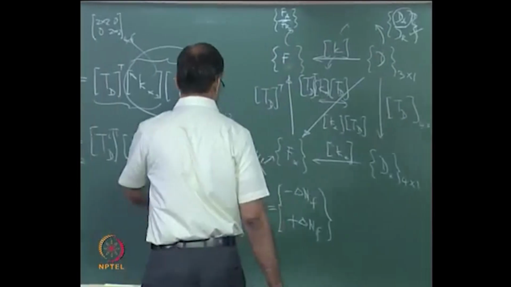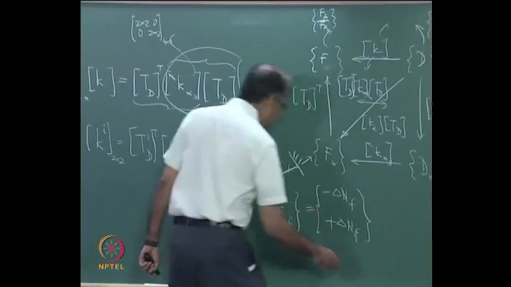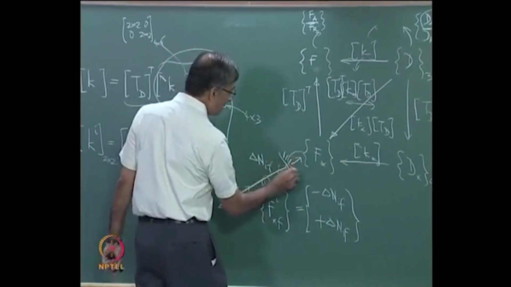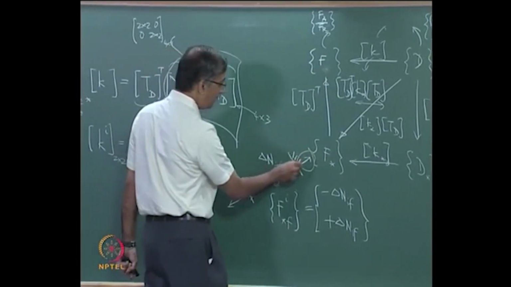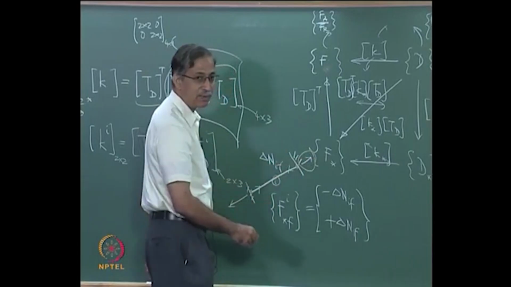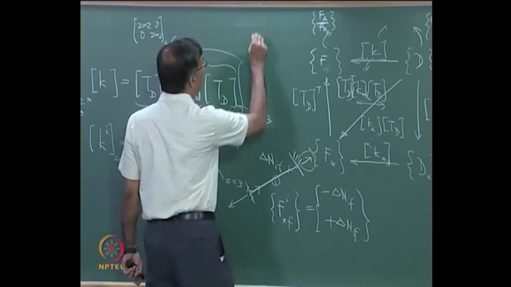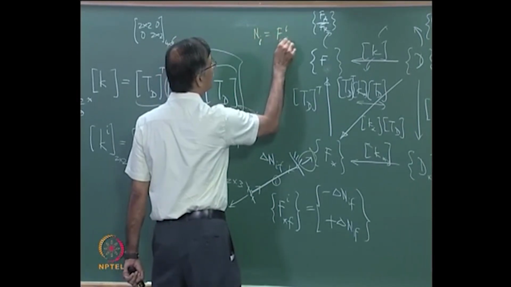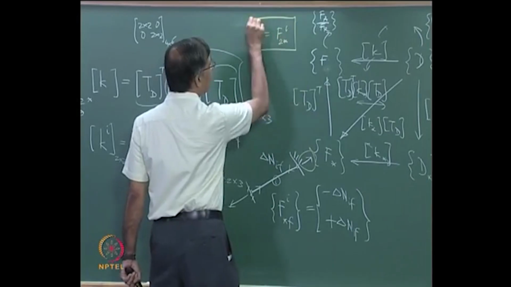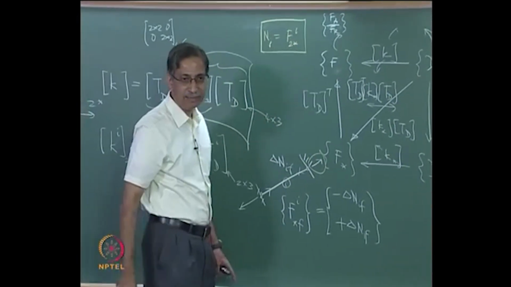When you see an element like this, the axial force is given by this value, not by the other value. Please note. So, if this is moving this way, you have got tension. Is this clear? So, Ni in general is given by Fi 2 star. This sign will always match. Clear?